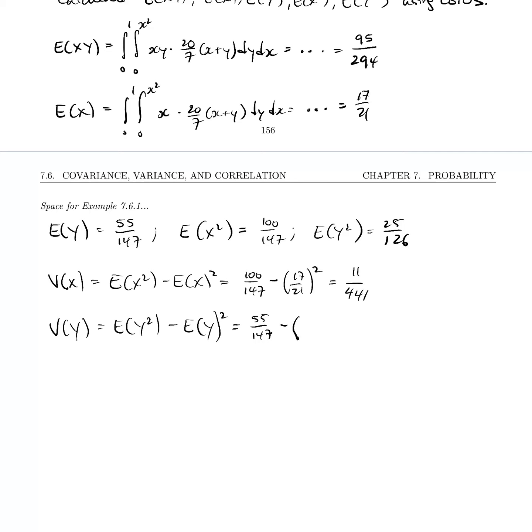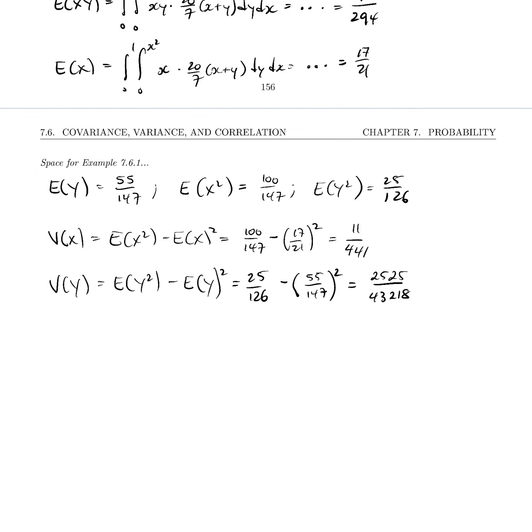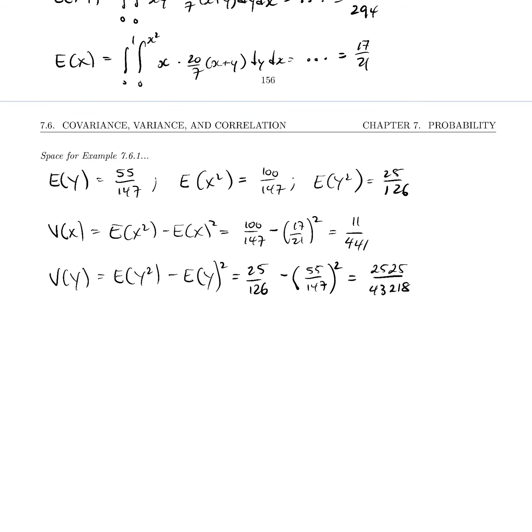Let's move this guy over here and put 25 over 126 there, minus 55 over 147 squared, and that comes out to a delightful 2,525 over 43,218, everybody's favorite number. And then we're in the position where we can calculate the covariance and the correlation.